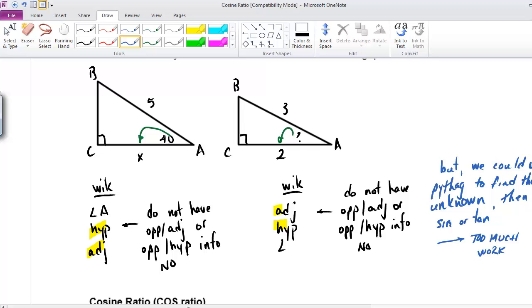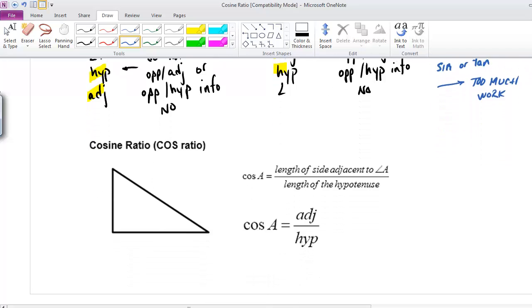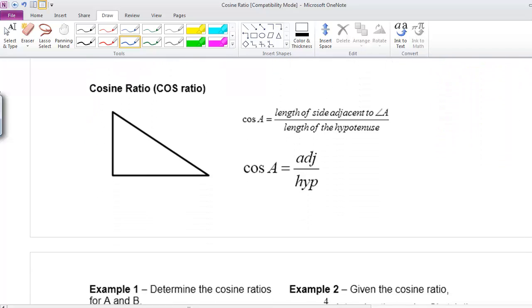Well, we don't need to do that work because there is a ratio with right triangles that works when we have the sides adjacent and opposite to the angle. So if we label our triangle ABC and label, well, there's my hypotenuse, and relative to angle A, this is the opposite side, and relative to angle A, this is the adjacent side.